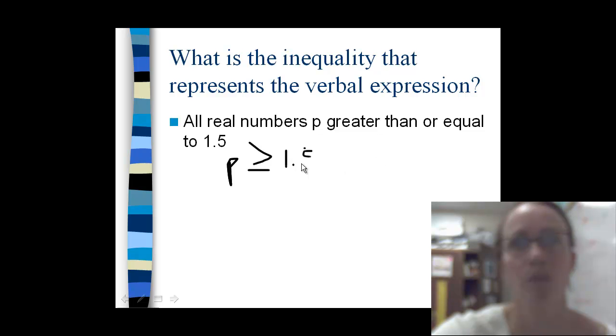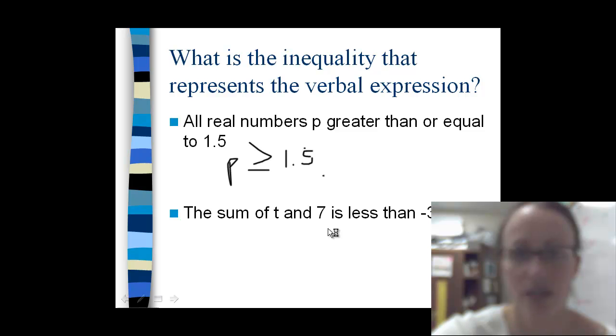We'll do one more example here of just how to change English words into math symbols. So here we're going to have to remember what sum is and what symbol stands for that. And we are doing the sum of t and 7 is less than -3. So sum, of course you remember, means add.